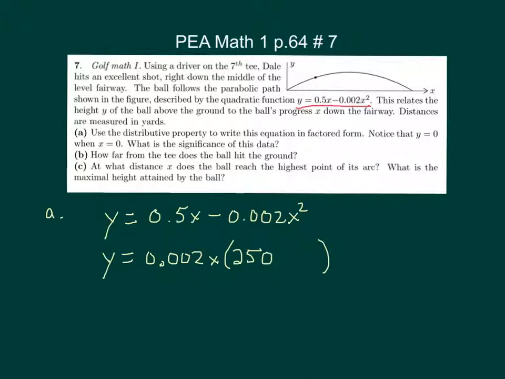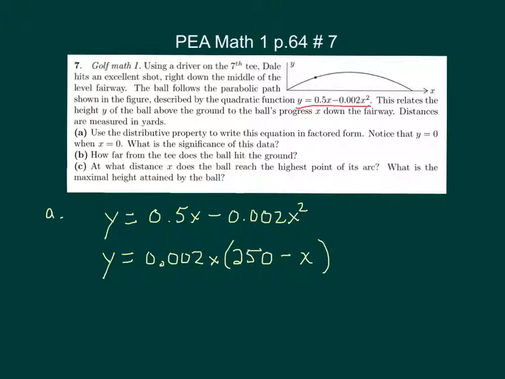Okay, and the x we factored out, so there's nothing else here, minus, we already factored out the 0.002, there's x squared, so there would be an x left over. So it'll just be 250 minus x.